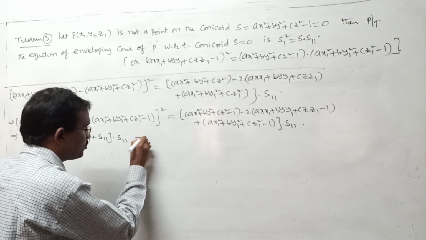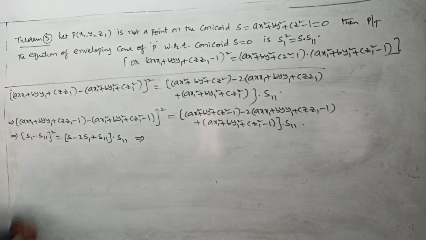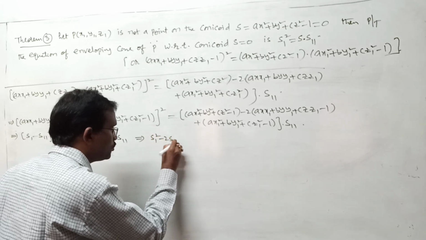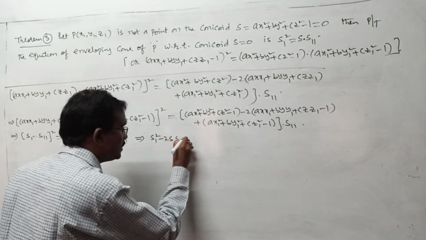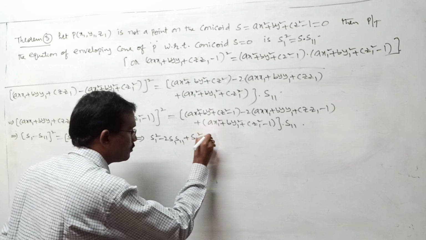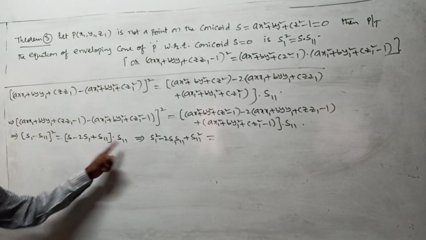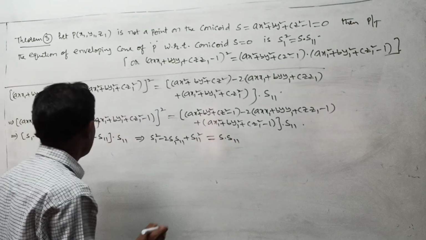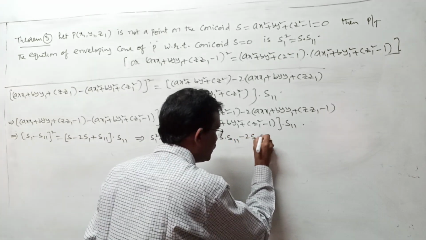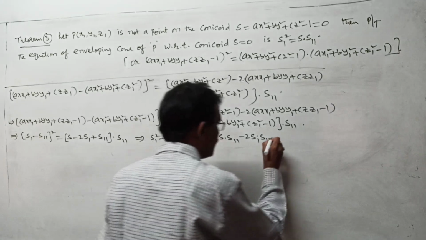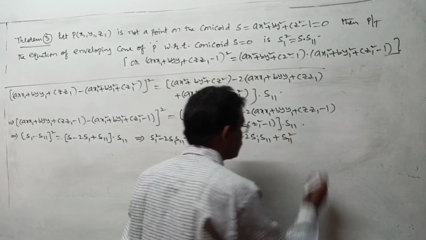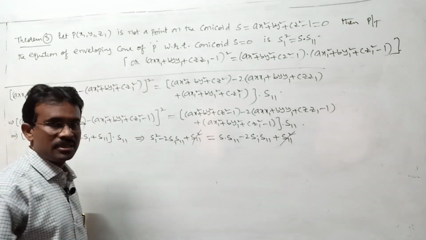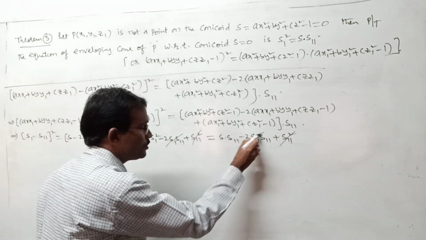In the next step, expand according to A minus B whole square. A square is S1 square minus 2 S1 S11 plus S11 square is equal to, here take this S11 inside, S into S11 minus 2 S1 into S11 plus S11 square. Right? This S11 square, this S11 square gets cancelled. These two things also we can cancel.